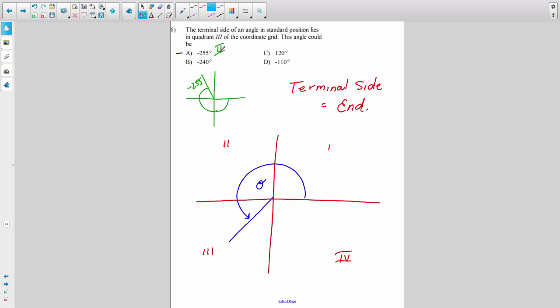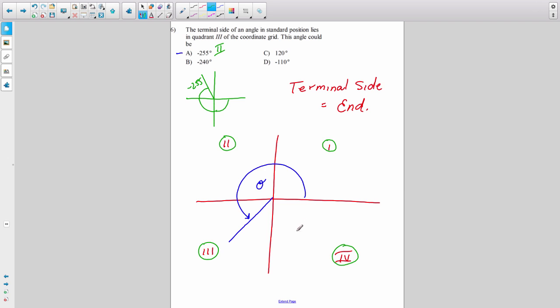So something to remember when you do angles and quadrants, even if you start out negative, going to the bottom, it doesn't change the order of the quadrants. These quadrants are locked in stone. This will always be 1, 2, 3, and 4, regardless of the direction you travel.